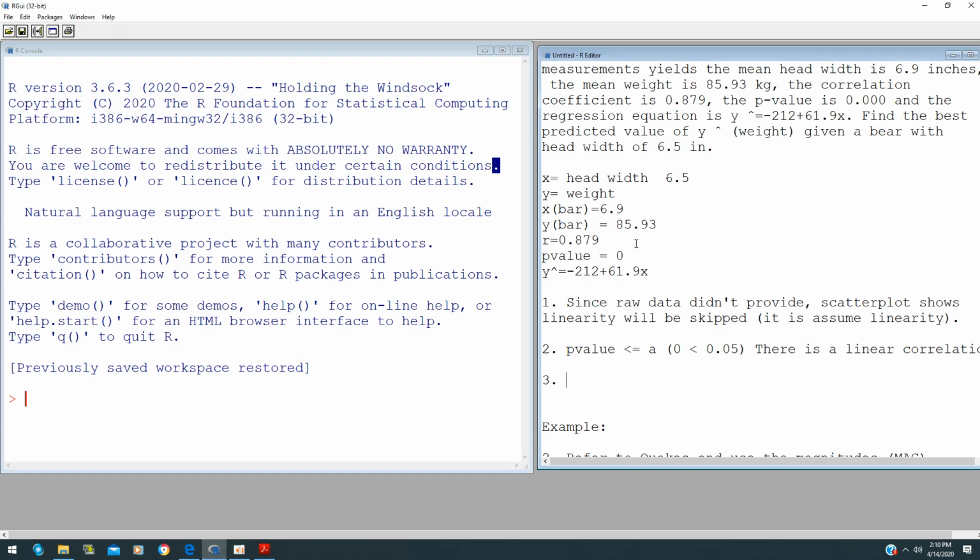Our mean x is 6.9. 2 times 6.9 gives us 13.8. That means if your x value is between 0 and 13.8, there is no extrapolation. Since our x value is 6.5, given in the question, there is no extrapolation.